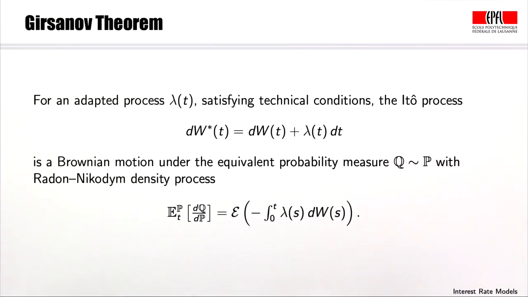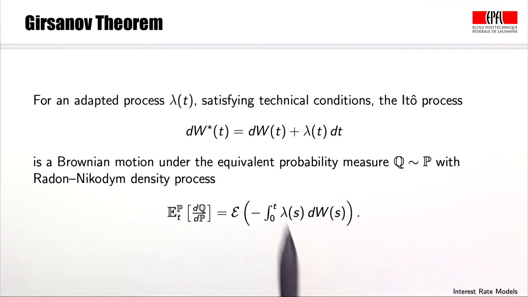The Girsanov theorem describes what happens to a Brownian motion under P when we change to an equivalent probability measure Q. The statement is as follows. For an adapted process lambda, satisfying some more technical conditions, the process called W star, given by the expression as shown here, becomes a Brownian motion under the equivalent probability measure Q, which is determined by the Radon-Nikodym density process as shown here.